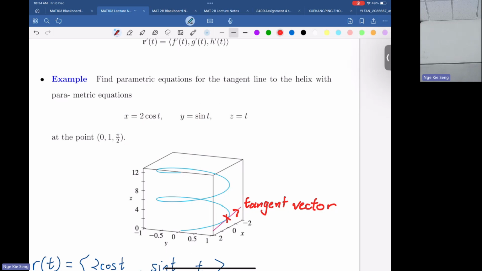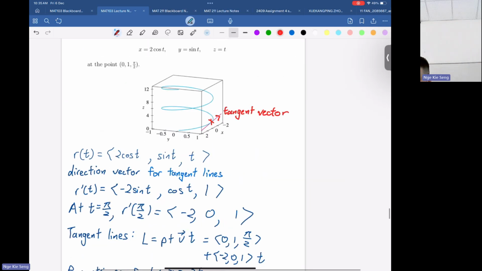So what's the natural point to look at here? The intersection point, or the point that you're interested in. The point you're interested in here is what? 0, 1, and pi over 2. So you should use that point and the tangent vector to build your line.